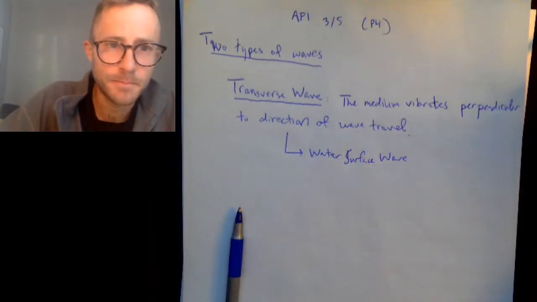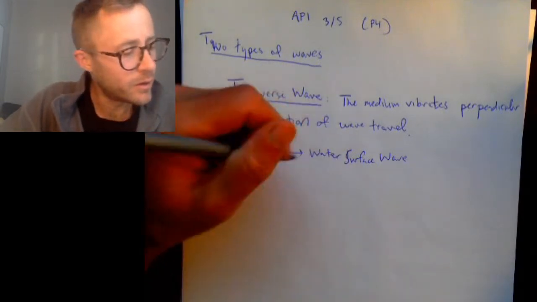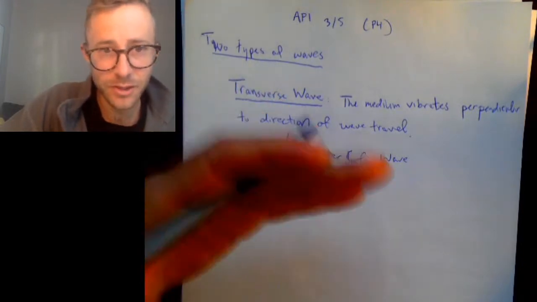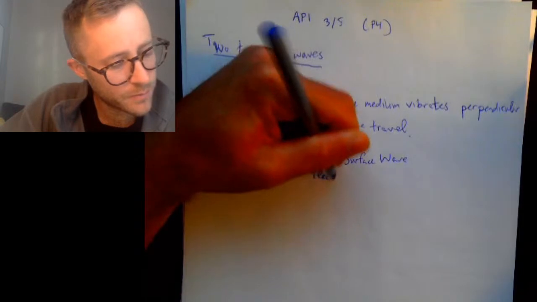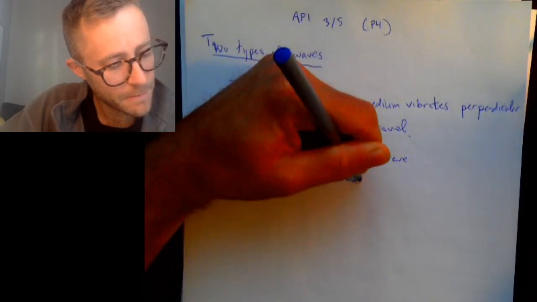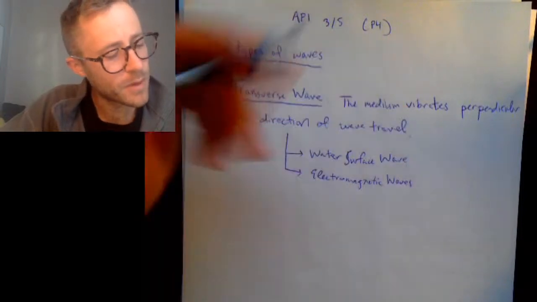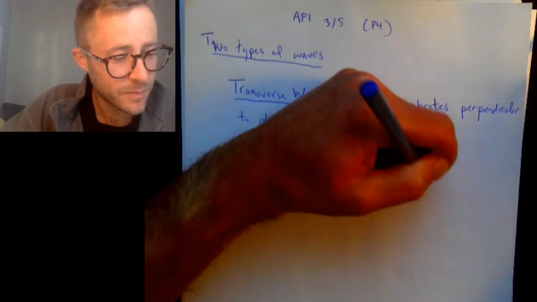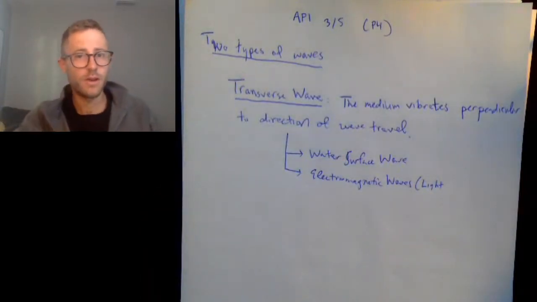Another really good example of a transverse wave, probably the classic example, is electromagnetic waves. That includes light. So light is a transverse wave.